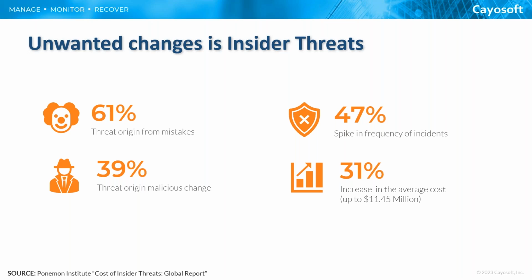That's one mitigation way. The next is 39% are malicious changes. Almost 40% of changes are done in a malicious fashion. That's frightening as an insider threat.